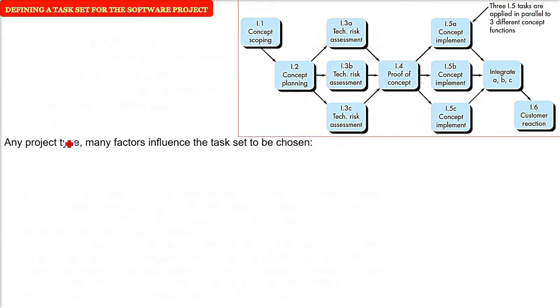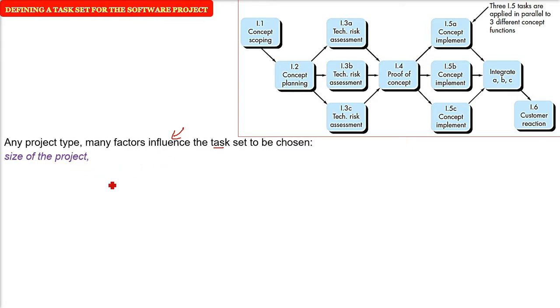So whichever project type you choose, many factors guide or influence the task set to be chosen. Because ultimately project scheduling is all about choosing the right tasks and then doing the timeline activities, that is tracking, control, and progress. So the first thing is the size of the project.